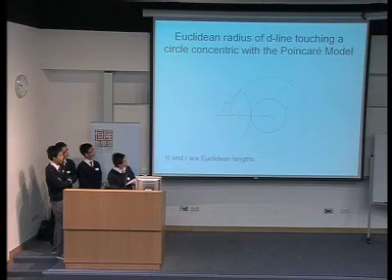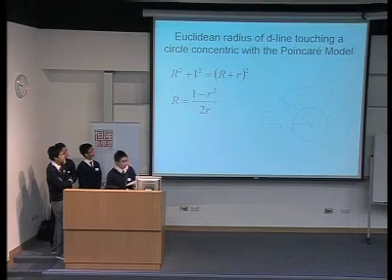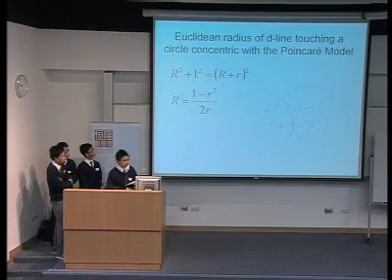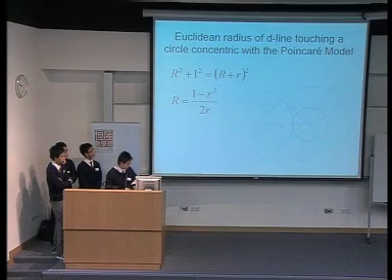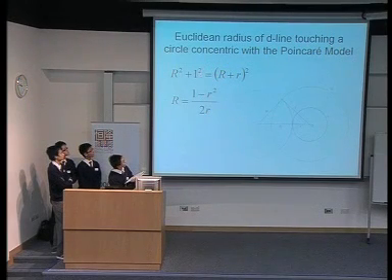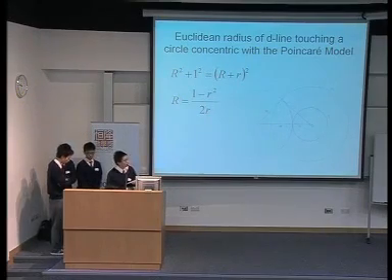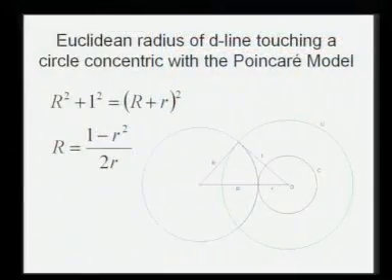But how can we find out the radius of these circles? That's easy. We just use a simple geometry theorem called Pythagoras theorem. By looking at the right angle triangle, we can obtain these equations. And by simplifying these equations, we can obtain the relationship between the capital R and the small r.